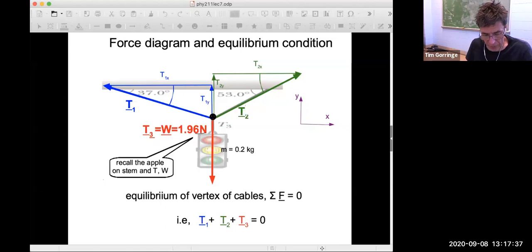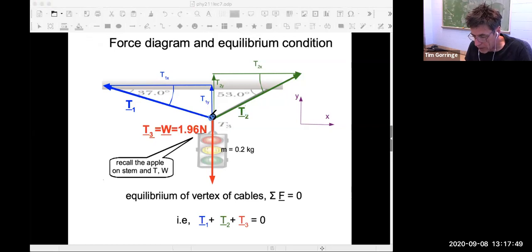In this case, the way we're going to work is we're going to consider this vertex of the tension force on the left, right, and the tension force in the vertical string. And we're going to think about that equilibrium. That point is at rest and staying at rest. And it can only be at rest and staying at rest if the sum of these three forces add up to zero.